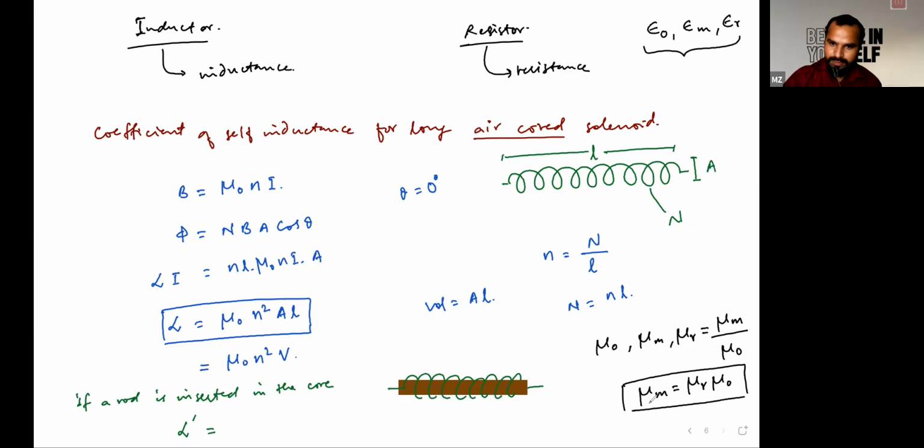So on putting this value of mu m, it would be mu m times n square A into L. Now, mu m is nothing but mu r times mu naught. So it would be mu r times mu naught n square A into L. Now, in this relation, this whole part is nothing but L, as we derived earlier.